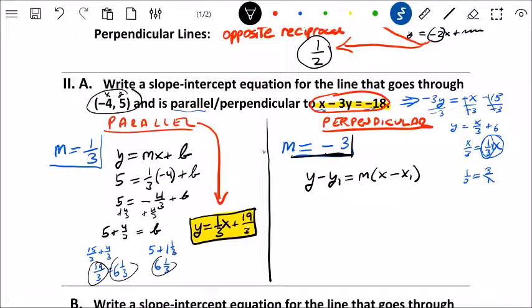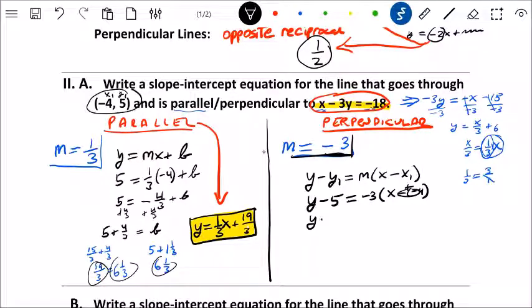And here's my x and y over here, and it's the only one, so it is my x sub 1 and y sub 1. And so that means it's going to be y minus 5 equals negative 3 times x minus a negative 4, which makes that plus 4.